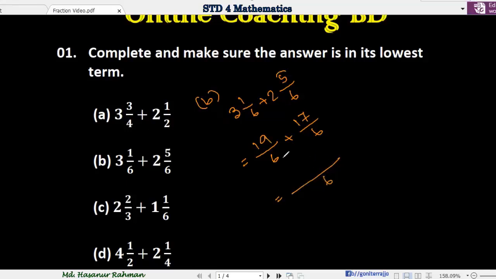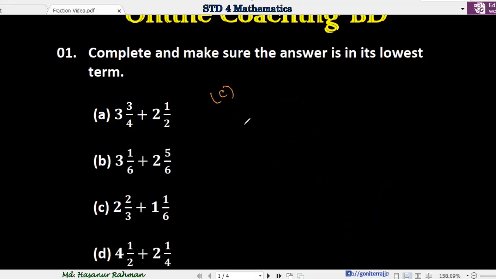So the LCM of 6 and 6 should be 6. Then we can just add the numerators 19 plus 17. 17 plus 19 that is 36 divided by 6. So if we divide 36 by 6 we'll get 6. So 6 should be the answer of number B.